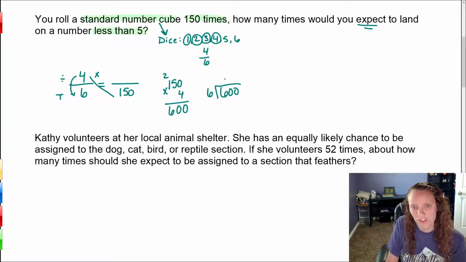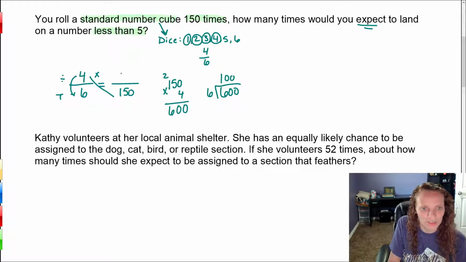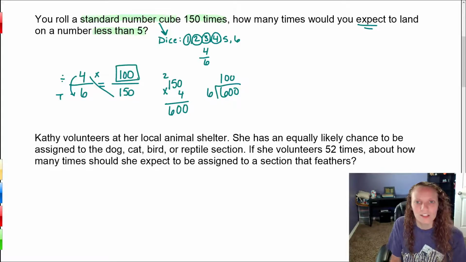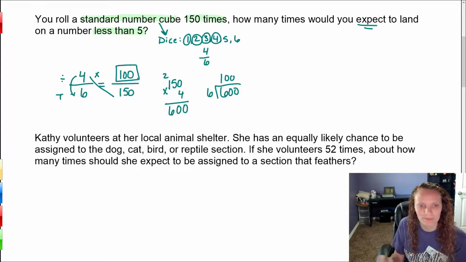Well, 600 divided by 6 is 100. 6 goes into 6 one time, and then bring up the 2 zeros. So out of 150 rolls, we could expect them to land on a 1, 2, 3, or 4 100 times.